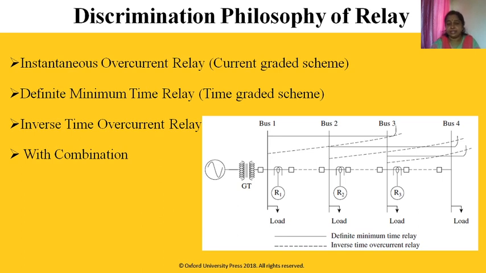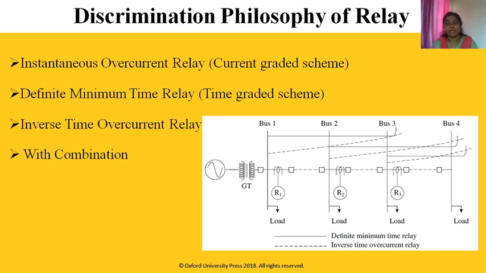In that I told that by using different characteristics we can discriminate between a fault in its own zone and a fault in the other zone, or between a non-fault event and a fault event.